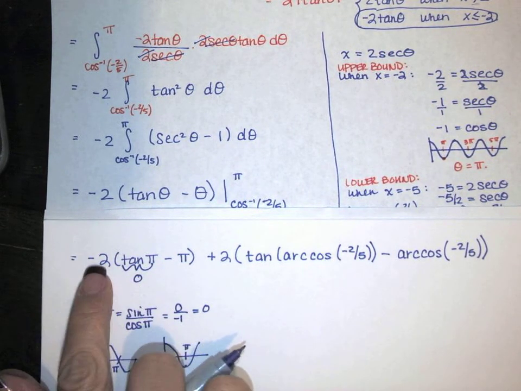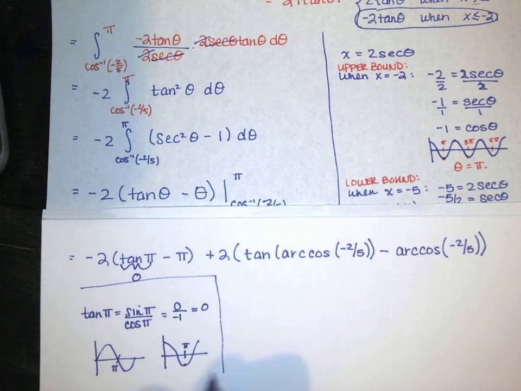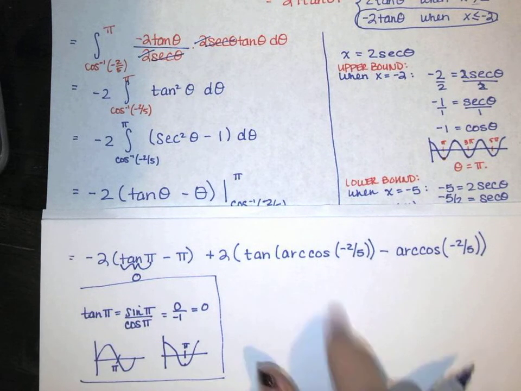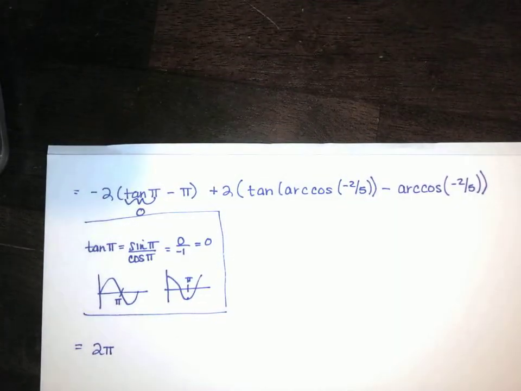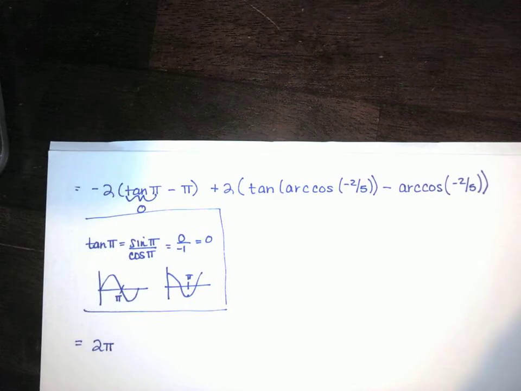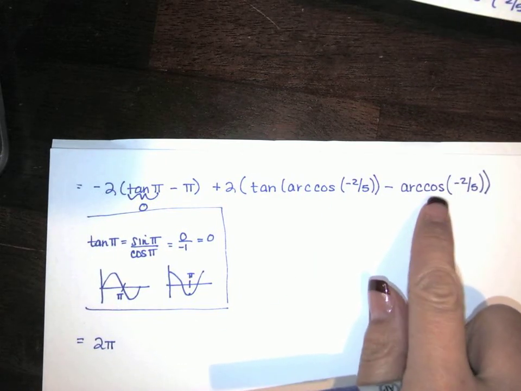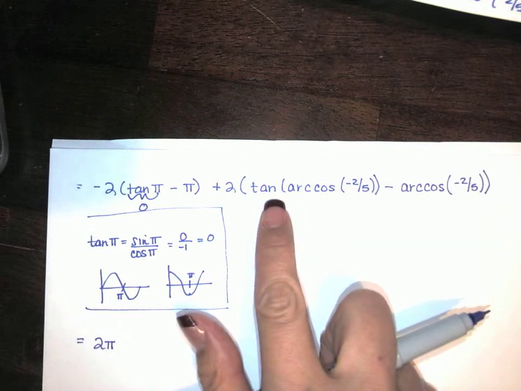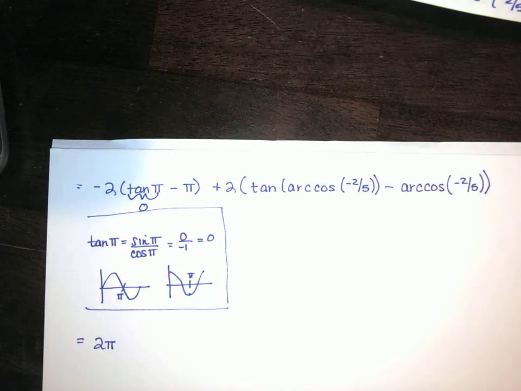So I have 0, and then I've got a 2 pi there. So that's that part. And then this part. Oops, I couldn't see what I was writing. There we go. This part I think I can leave alone. It's fine. It's not a special angle. But this tangent of the arc cosine of negative 2 over 5, that's something that we could find.